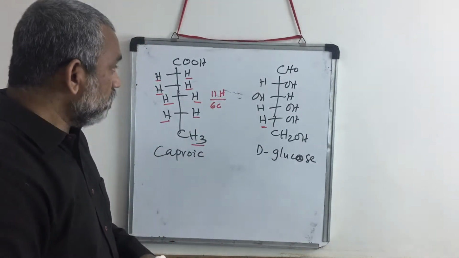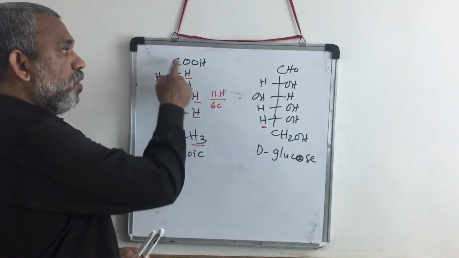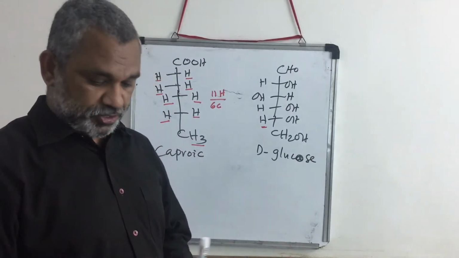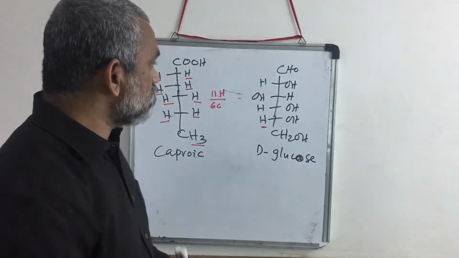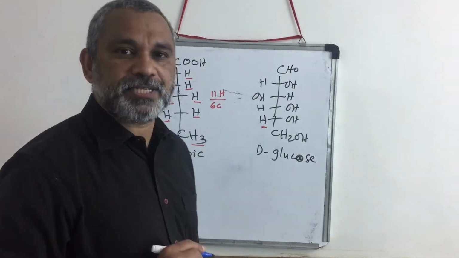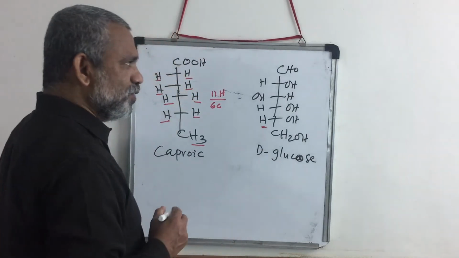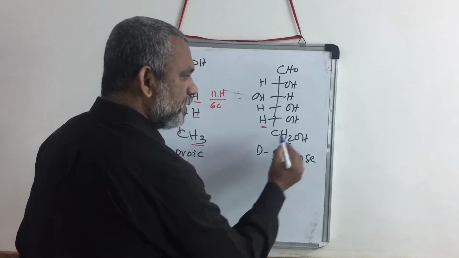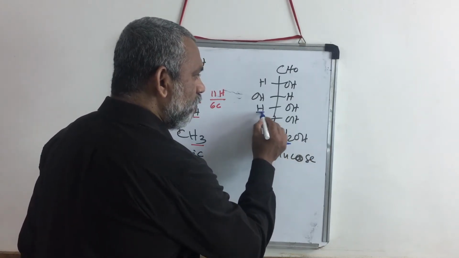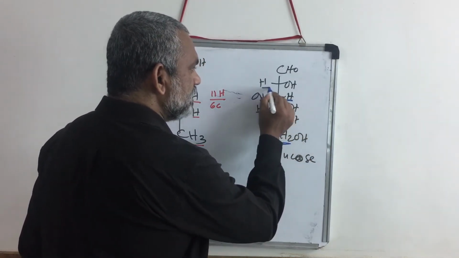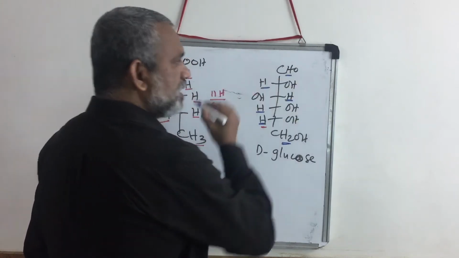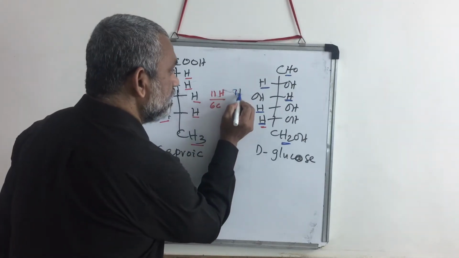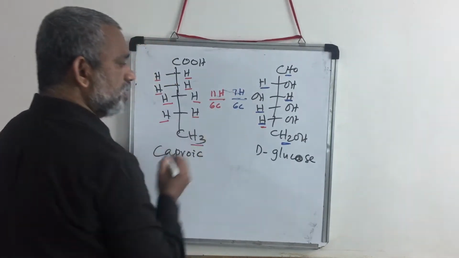This end is C double bond O and OH. It is a hydroxyl group, not a free hydrogen. In comparison, let us count the hydrogens in glucose: 2, 3, 4, 5, 6 and 7. This is C double bond O with an H. So 7 hydrogens per 6 carbon.